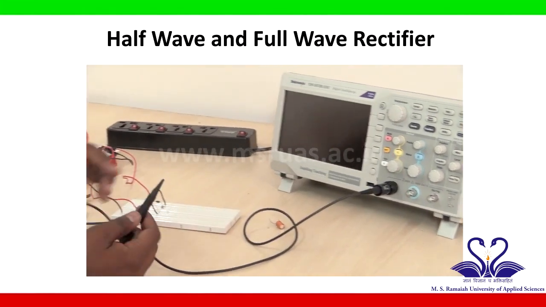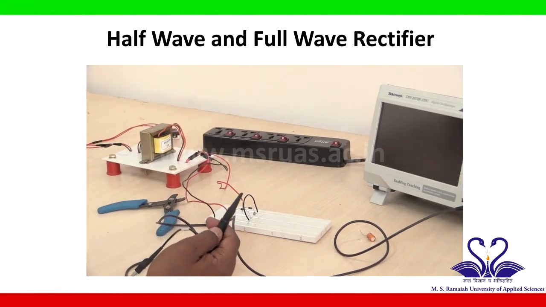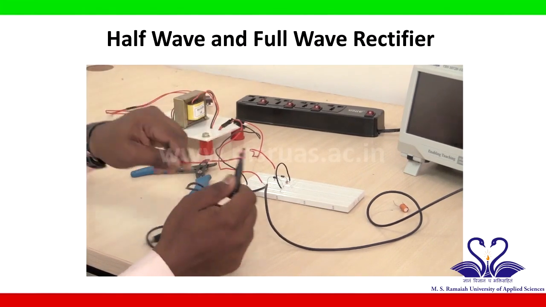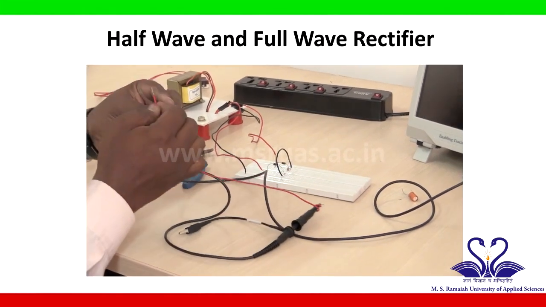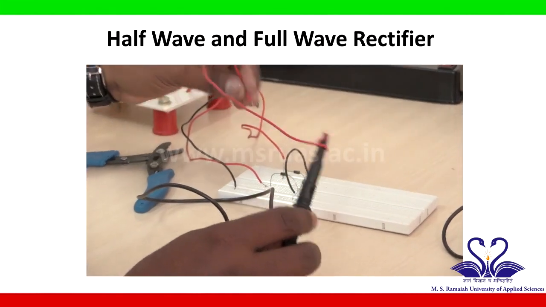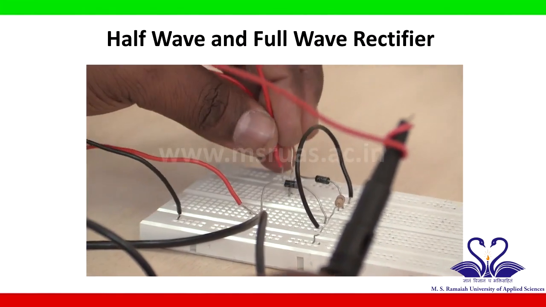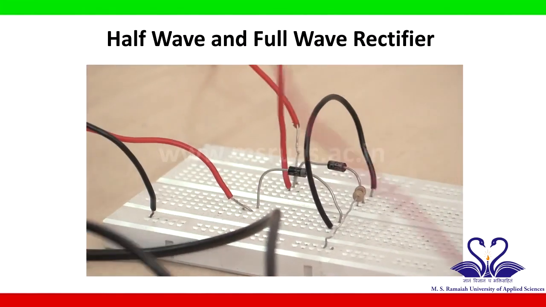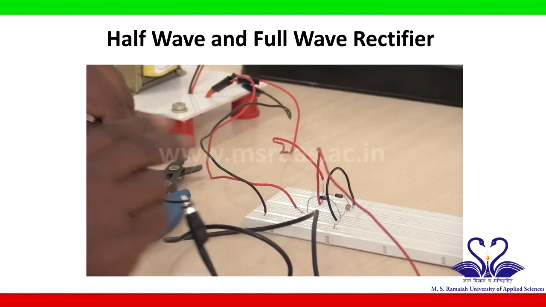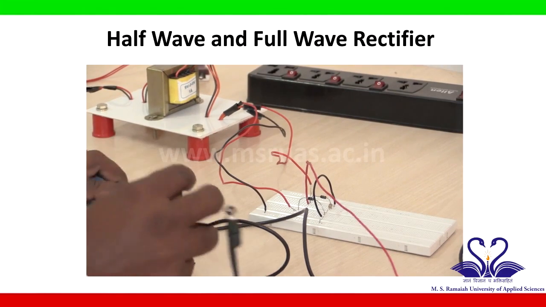It again has two ends, one positive and one negative. The positive end is connected to any one terminal of the secondary of the transformer, either diode 1 P or diode 2 P. I will connect the diode 1 P terminal, and the negative end of the channel 1 probe is connected to ground.